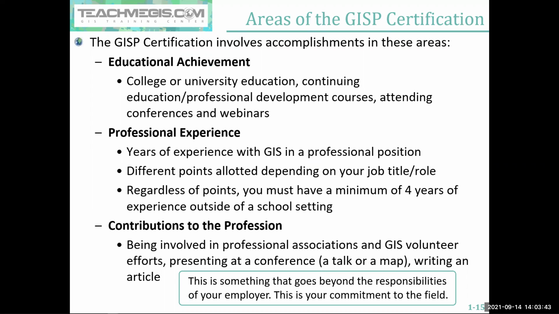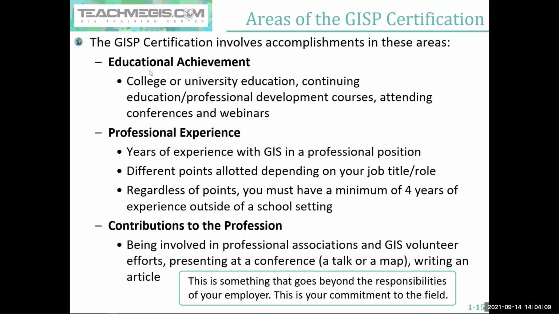The GISP certification involves accomplishments in 3 areas: educational achievement, professional experience, and contributions to the profession. This is something that goes way beyond the responsibilities of your employer. This is your commitment to the field, okay? So you're taking this on yourself.